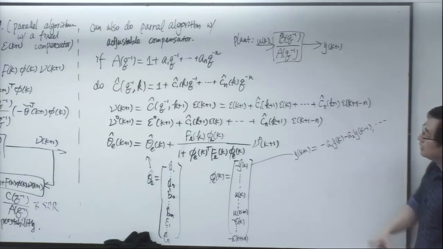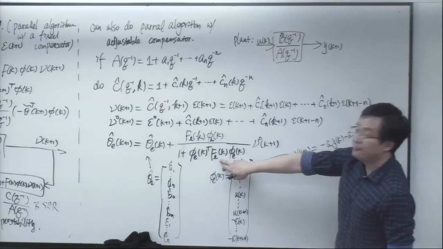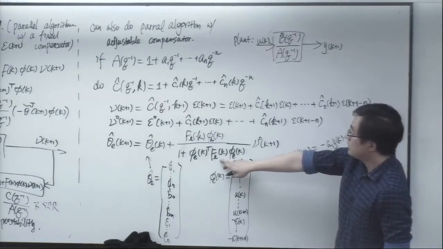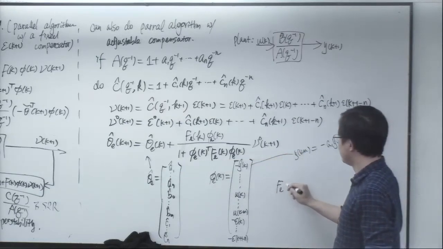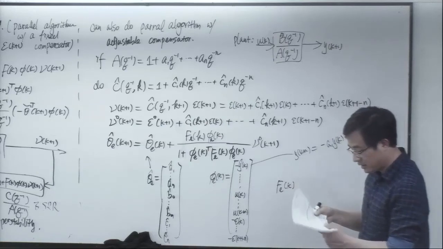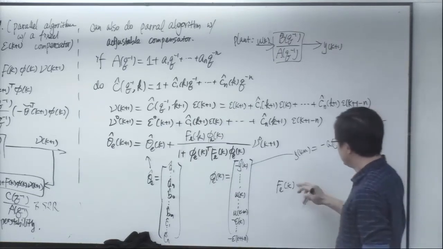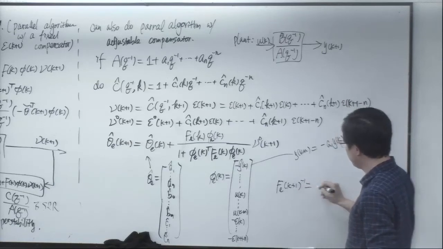And then the F vector, F matrix, this is also in a different dimension. So they should be updated by, I'm going to use the inverse formula.